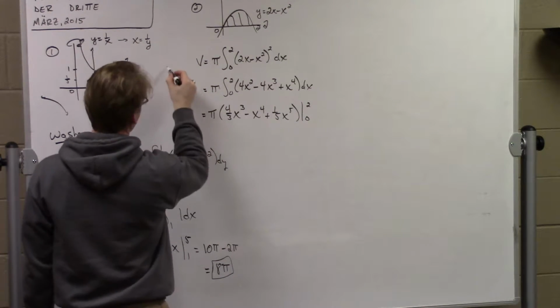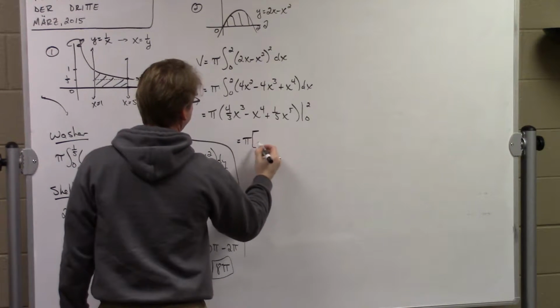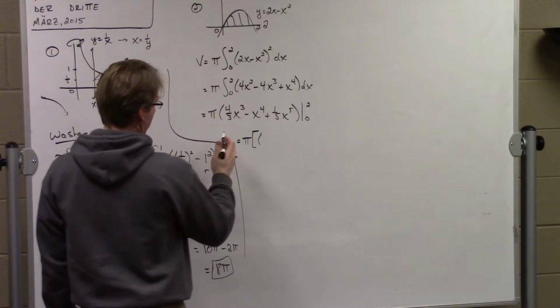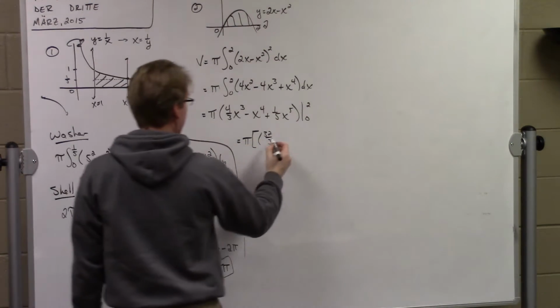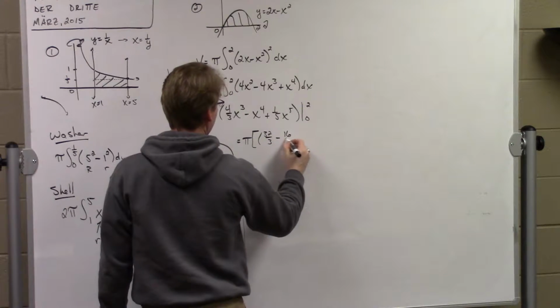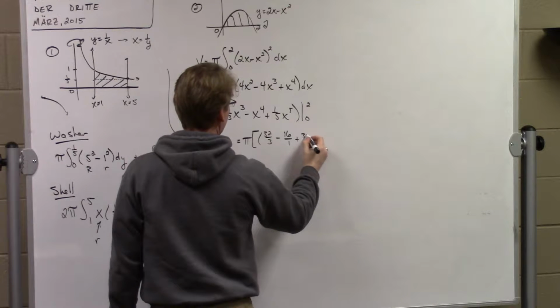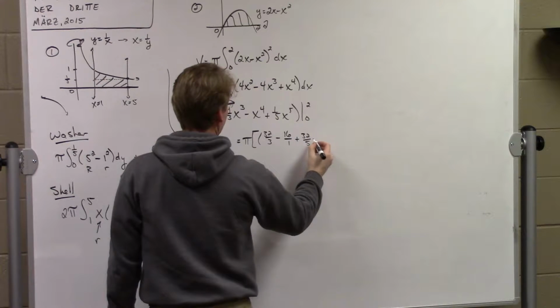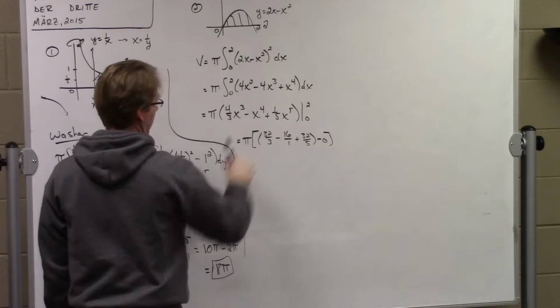Get kind of stuff here. All right, pi, 2 cubed is 8, 32 thirds, 16 minus 16 and 32 fifths minus 0 because of that right there.